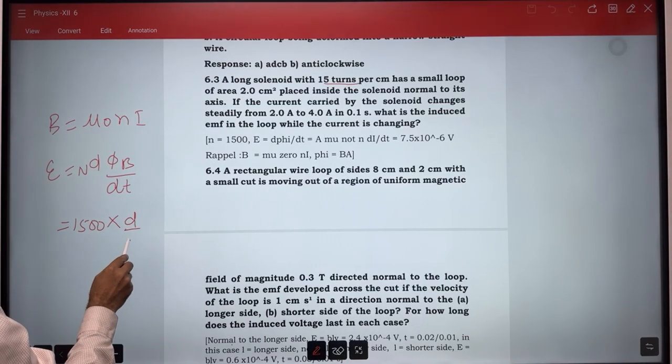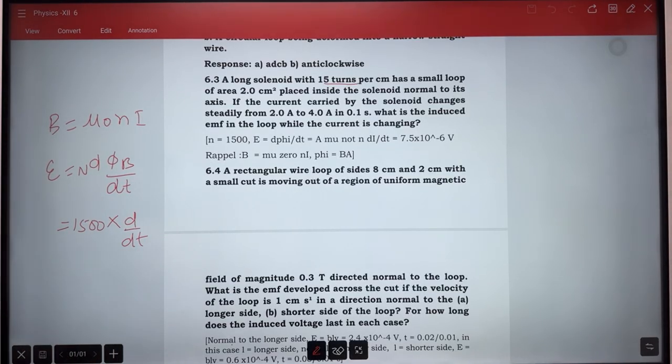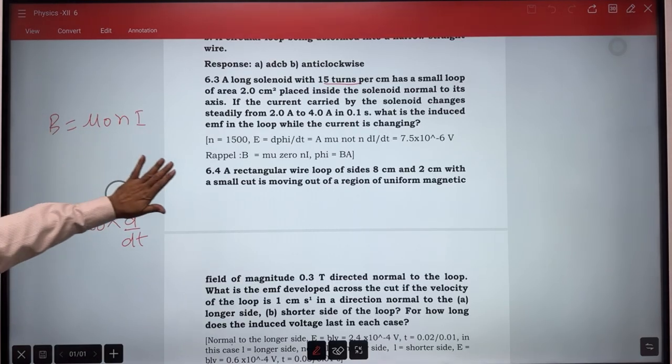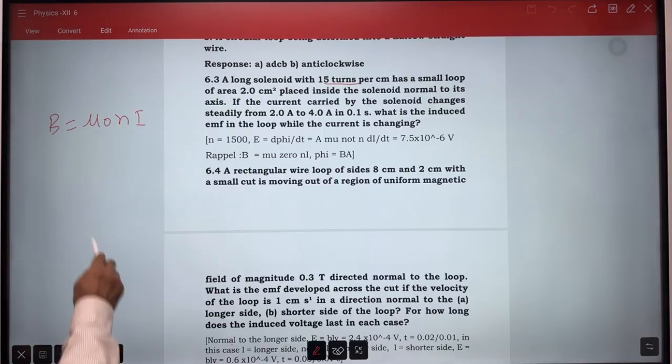And then d upon dt of B, here B equal to mu naught n I. So mu naught n are constants. So here that I have written. So it's not necessary to write here n in that case if you are using this n. So just we can write directly.